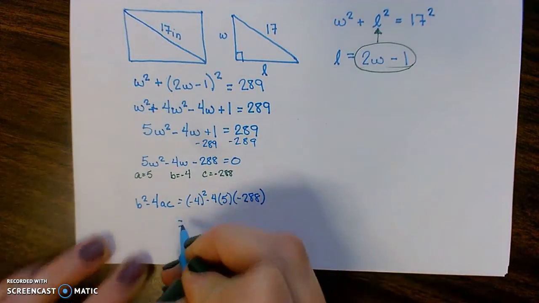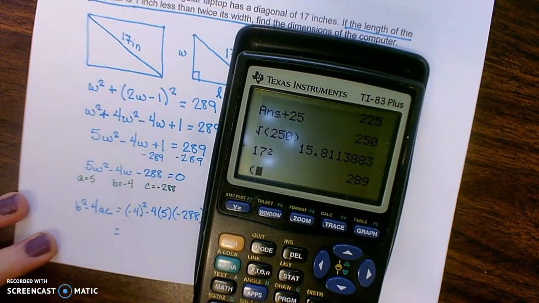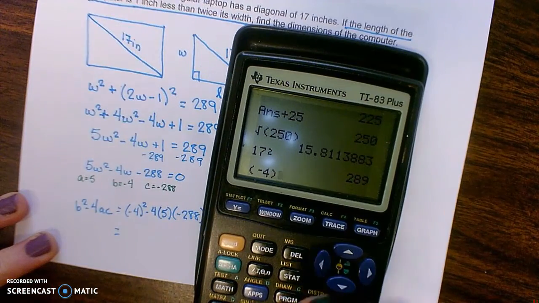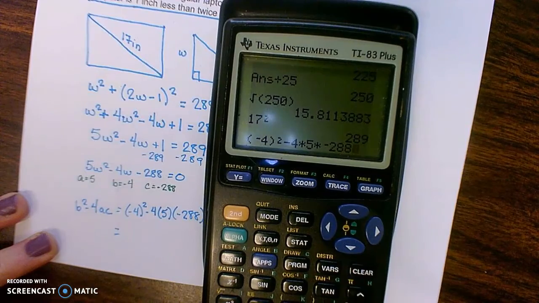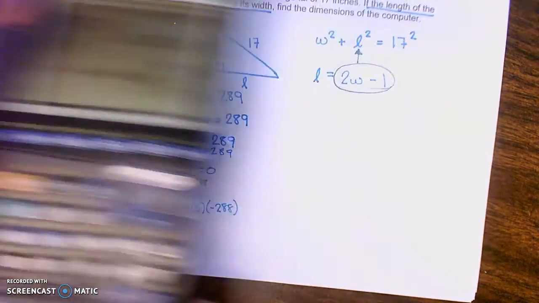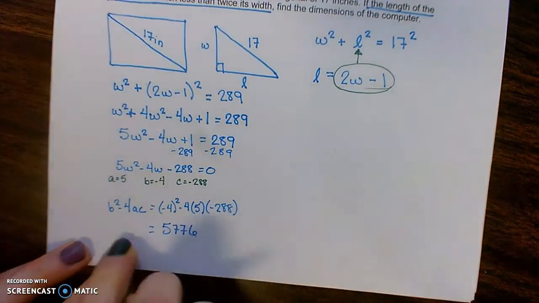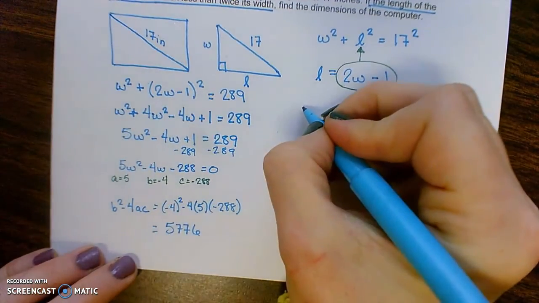I don't want to do that in my head, so I'll just use my calculator. Negative 4 squared minus 4 times 5 times negative 288 gives me 5,776. Great, I have half the calculation done.